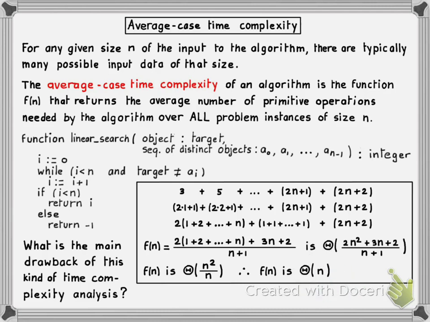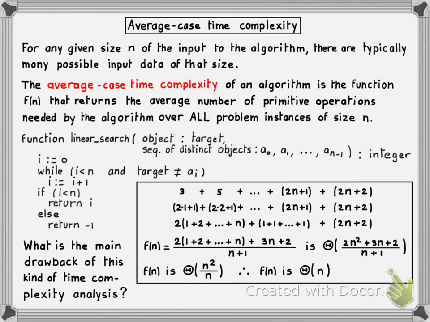So the main drawback of this average case time complexity is that either you don't know the distribution of inputs and then you have to make hypotheses or assumptions, or you do know the distribution, but either way, there are a lot more computations to perform to get the result.